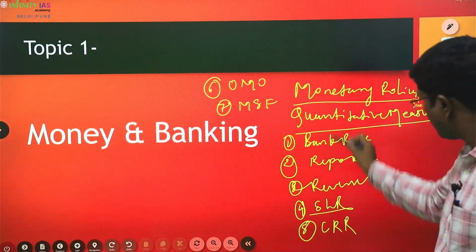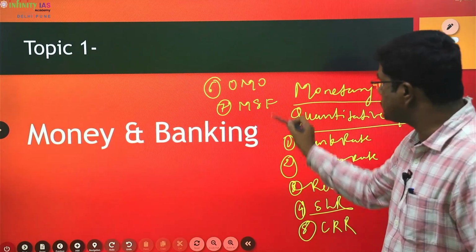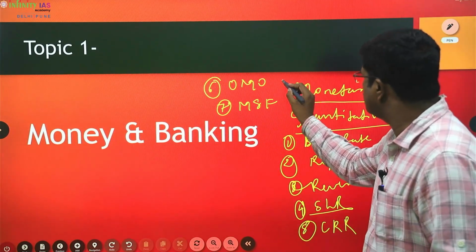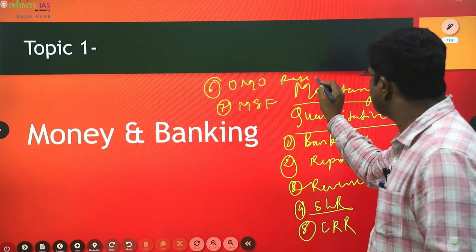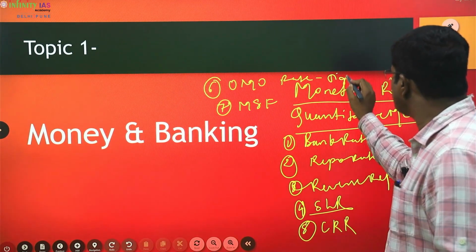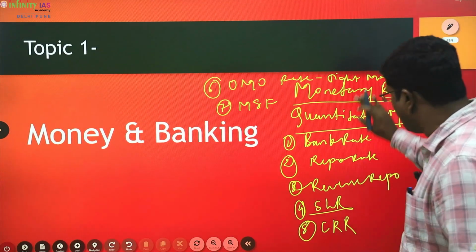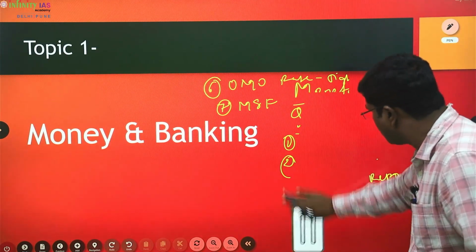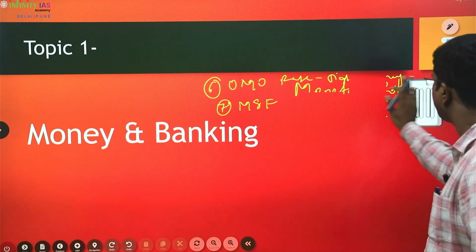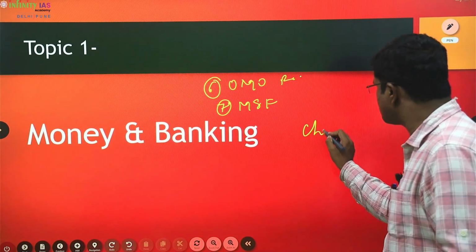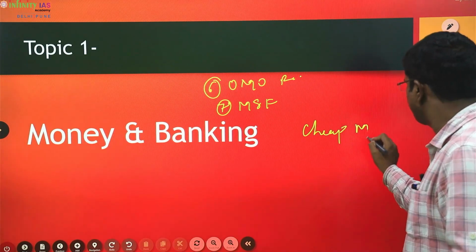If any of these rates is increased, that is called a tight money policy. And if any rate is lowered by RBI, that is called a cheap money policy.